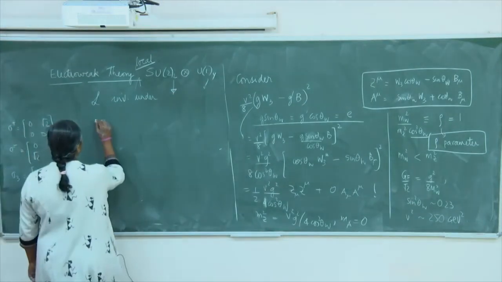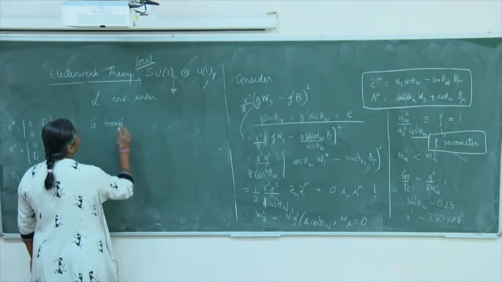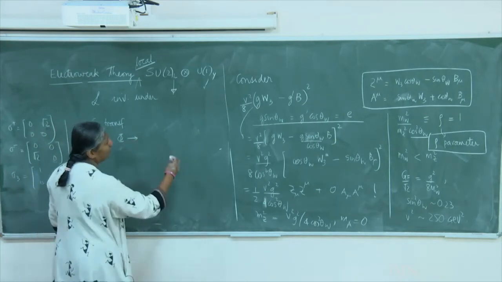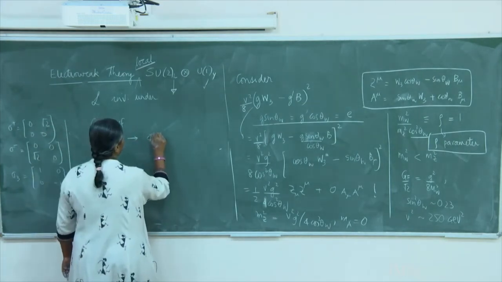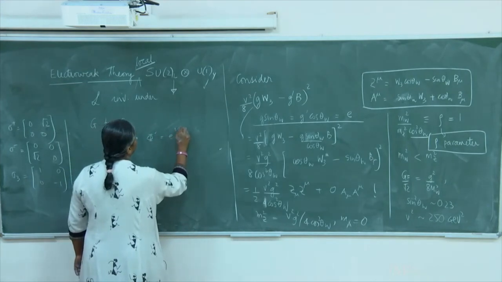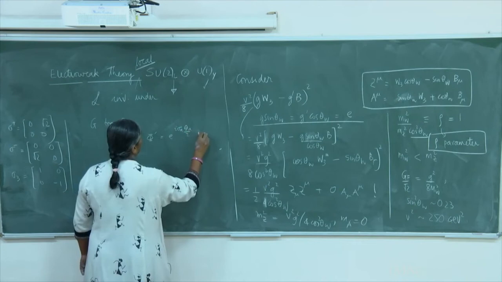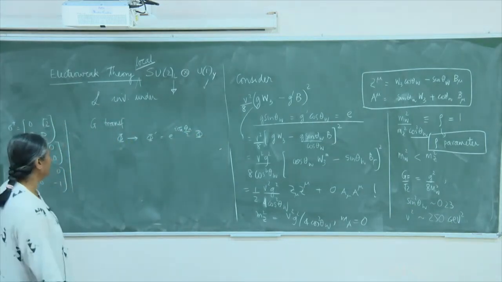What is a particular gauge? Let us consider any particular gauge transformation. I have phi, and I am not worried about the psi fields, they are doing fine. I have phi goes to phi prime is equal to e to the i sigma a theta a by 2 phi. Let me not worry about the U1 part, that will be fine, okay.